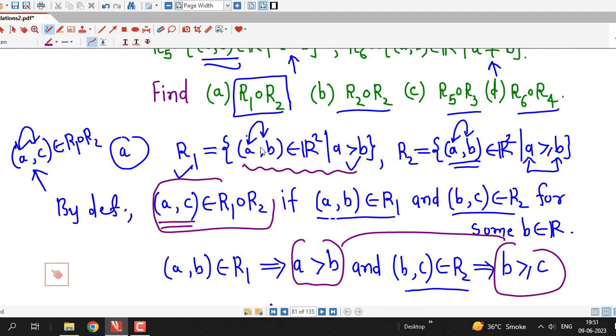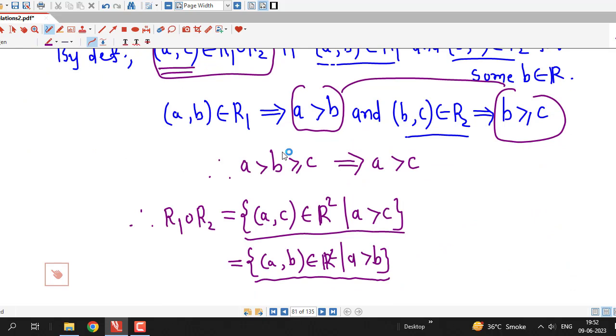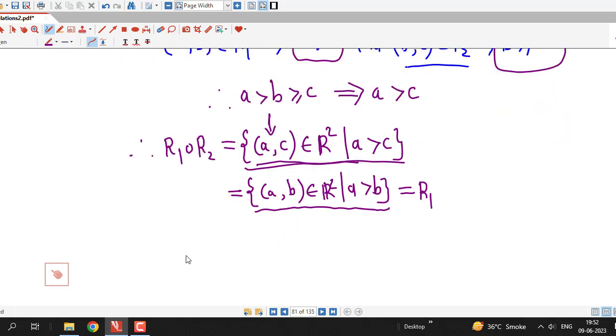In relation R1 we have those ordered pairs (A, B) for which the first component is strictly greater than the second component. So here also, even if I write (A, C), it is obvious that this relation is the set of all those ordered pairs for which the first component is strictly greater than the second component. So this is nothing but relation R1. So what we have obtained is that the composition of R1 and R2 is nothing but R1.